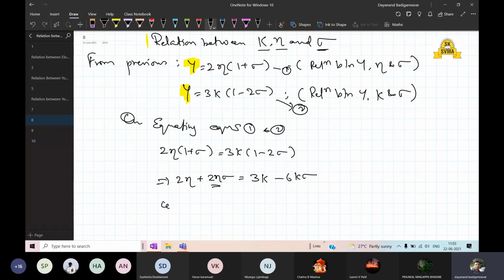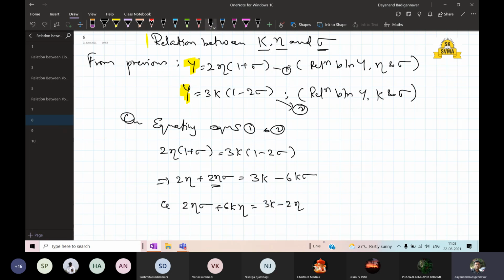On rearranging, you get 2 eta sigma plus, I will take this to the left hand side, 6k into sigma, that is equal to 3k minus 2 times eta. I will bring this to this end. If I do that simplification, you can get the result like this.